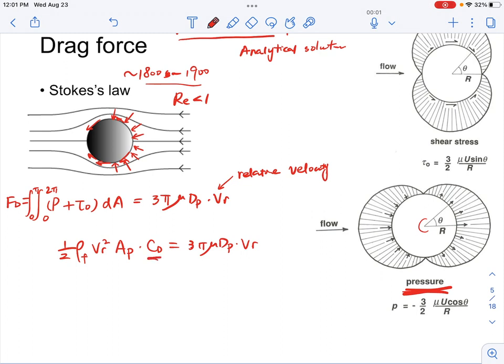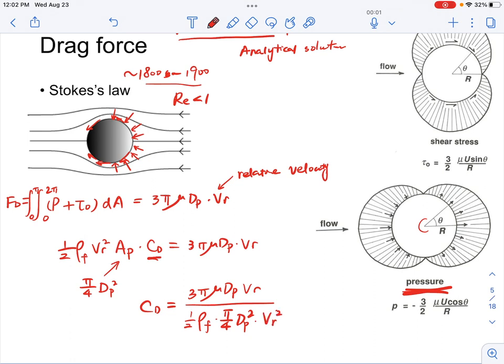First we need to look at the different terms. What is AP? That's the cross-section area of the particle, so it should be pi over 4 dP squared. Now we can move the terms around: 3 pi mu dP Vr equals 1 over 2 rho f, times pi over 4 dP squared, times Vr squared.